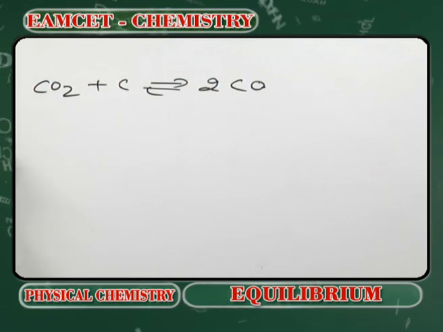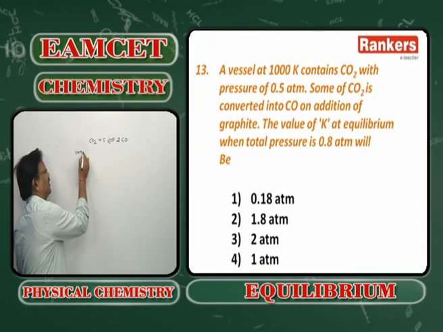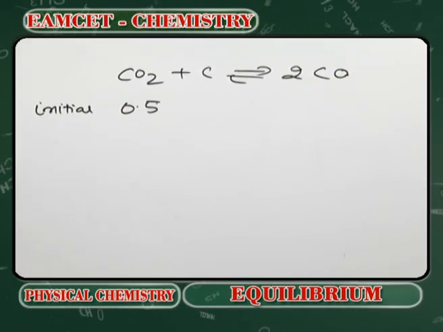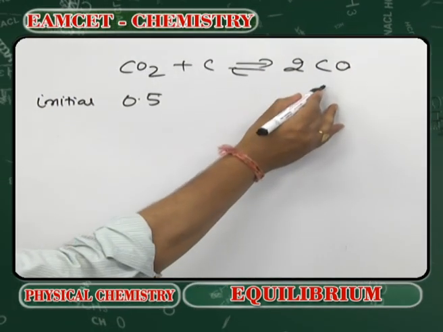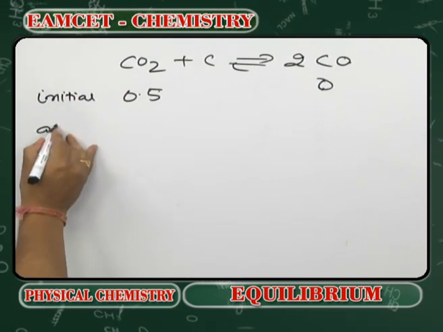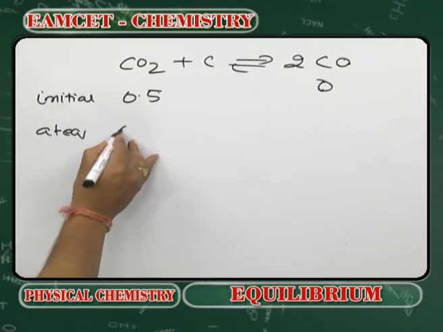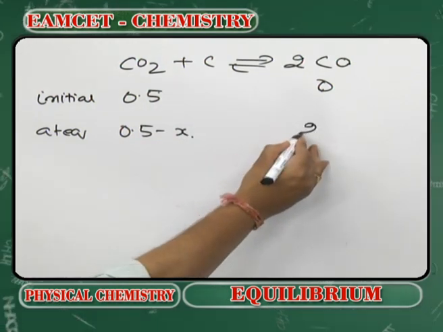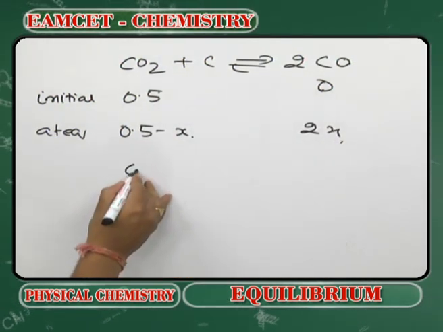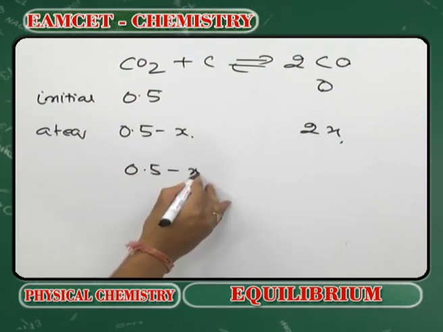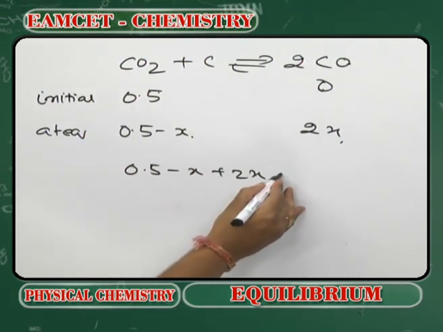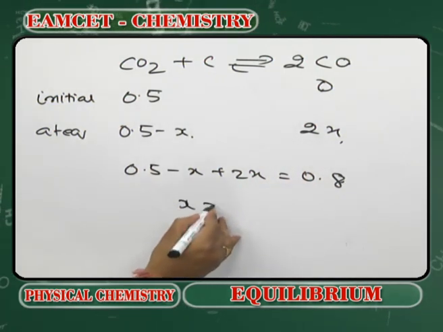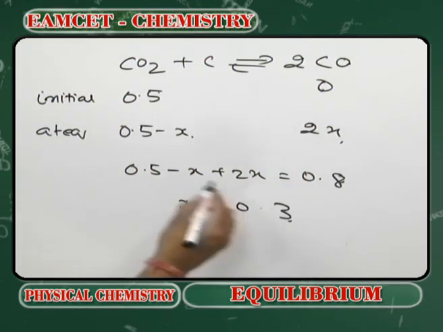What is the initial pressure? 0.5 atmospheres, and this is 0. At equilibrium, this will be 0.5 minus x and this will be 2x. But 0.5 minus x plus 2x is given as 0.8, that is x is equal to 0.3.